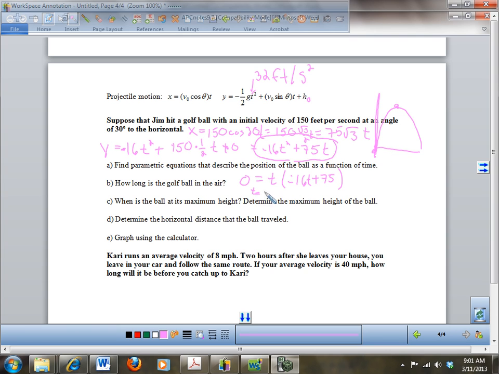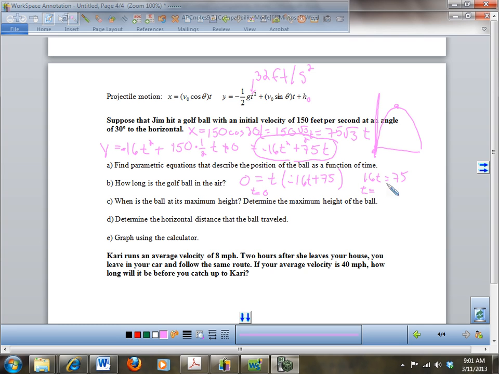We know that because that's where it starts. And the next place where the height is 0 is when this thing is equal to 0, or when 16t equals 75. So I get 75 divided by 16, which is like 2.4 or something like that. Can someone do that?